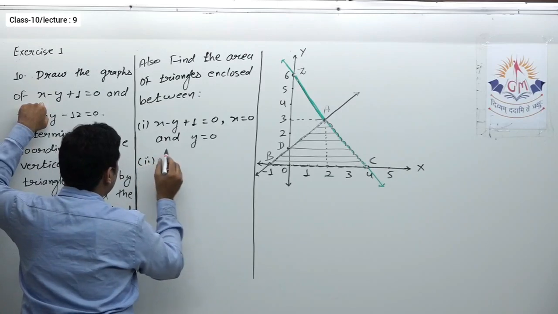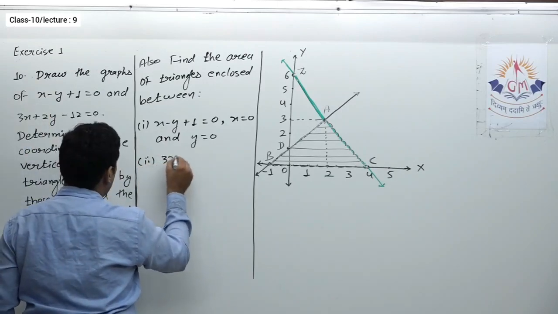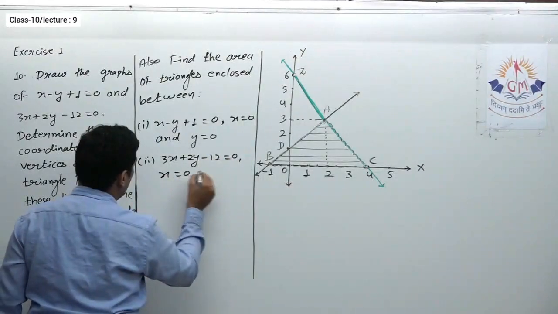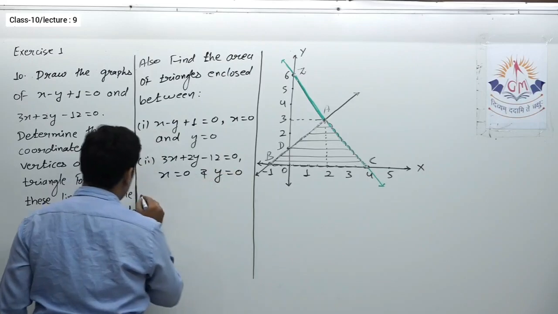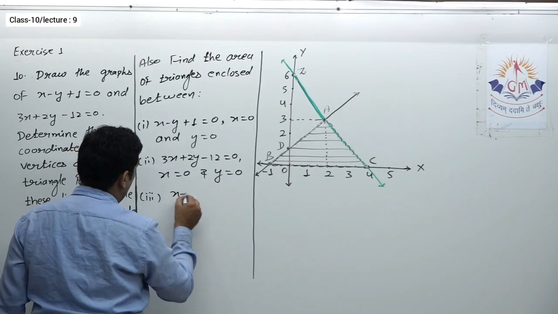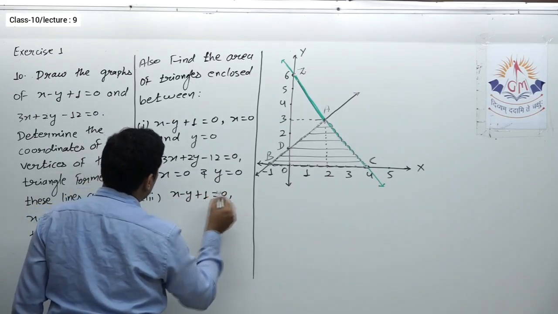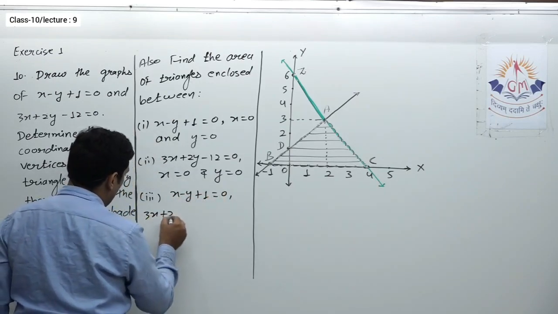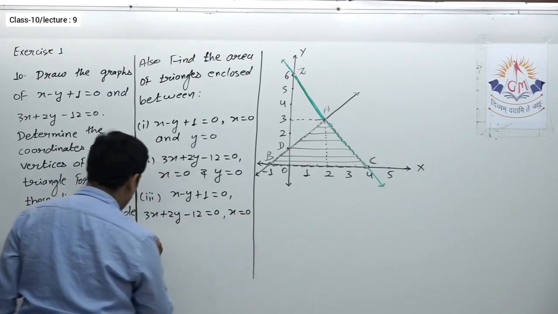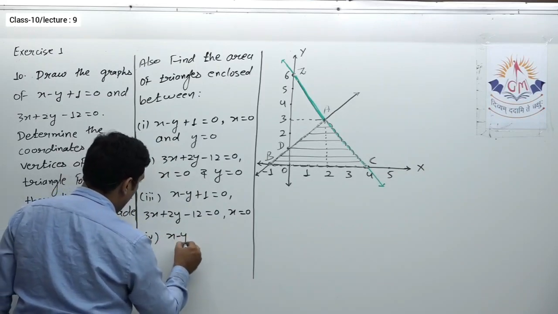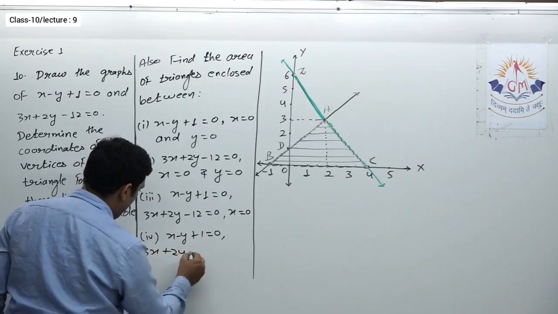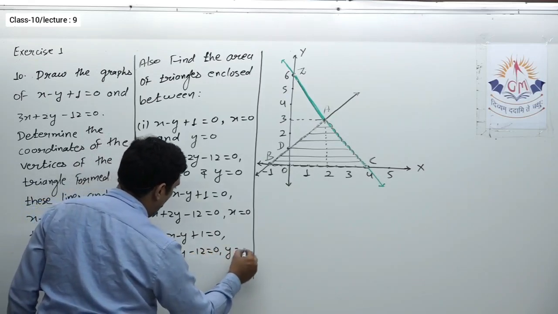Okay, second one, 3x plus 2y minus 12 equal to 0, comma x equal to 0 and y equal to 0. Third one, x minus y plus 1 equal to 0, comma 3x plus 2y minus 12 equal to 0 and x equal to 0. Fourth one, x minus y plus 1 equal to 0, comma 3x plus 2y minus 12 equal to 0, comma y equal to 0.